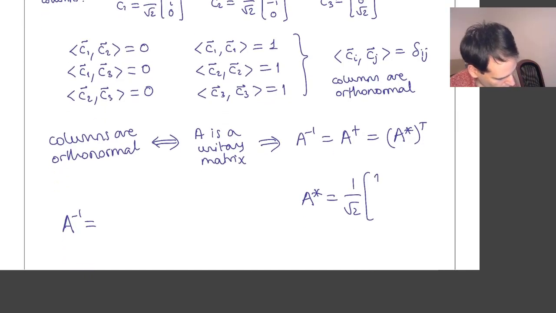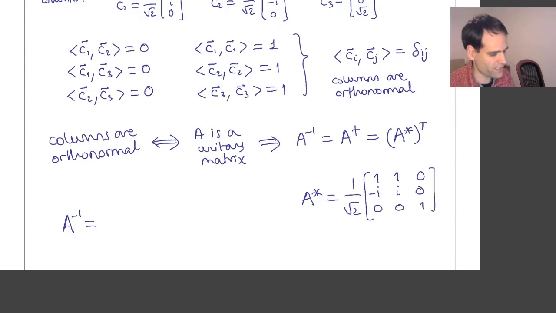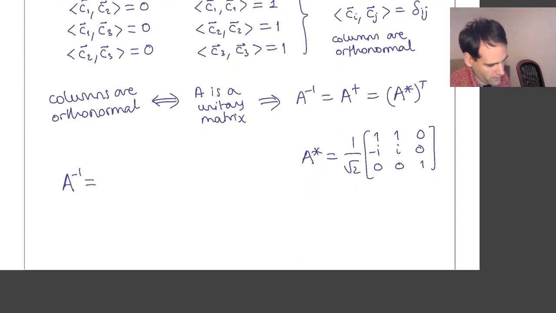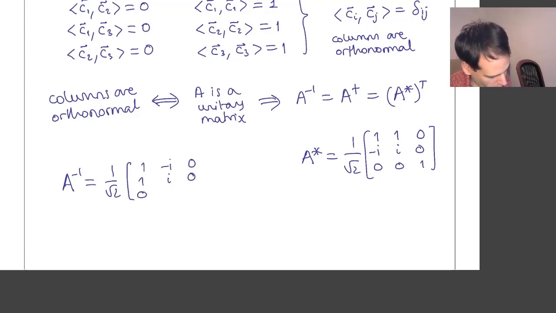So we do the complex conjugate by changing the sign of the imaginary parts. So therefore, the inverse is going to be the transpose of this matrix. To do the transpose, the first column becomes the first row. The second column becomes the second row. And the third column becomes the third row.